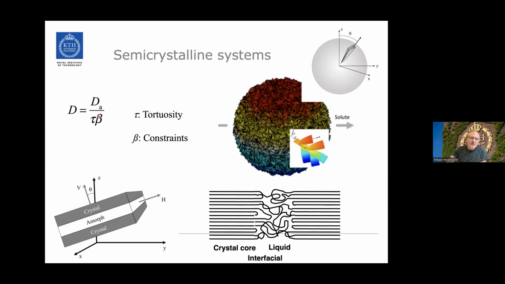You see how both of these reduce the diffusivity. The constraints come from the fact that if you consider the full non-crystalline layer here, the mobility on average is much less than for a pure amorphous polymer. So the constraints can be quite significant.